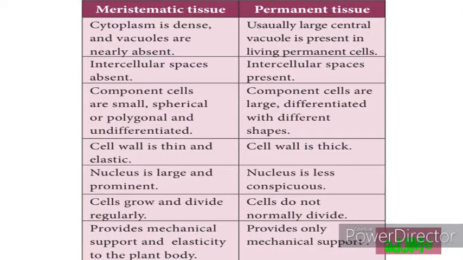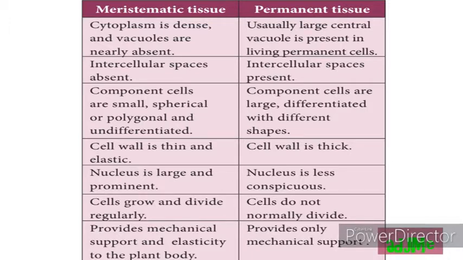First, let us learn the difference between a meristematic tissue and permanent tissue. In meristematic tissues, the cell wall is thin and elastic, whereas in permanent tissue, the cell wall is thick. The reason is, in meristematic tissues you regularly find cell division, but it is not so in permanent tissue, and that is why you have a thick cell wall in permanent but not in meristematic tissues.